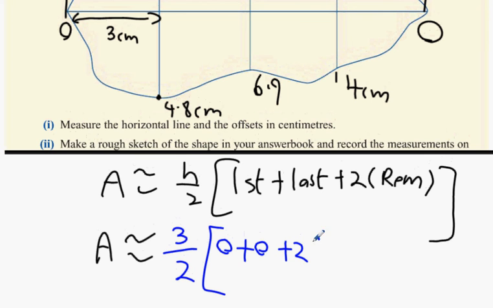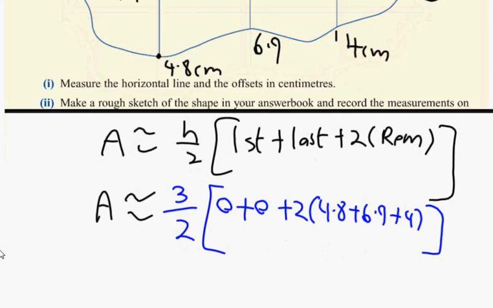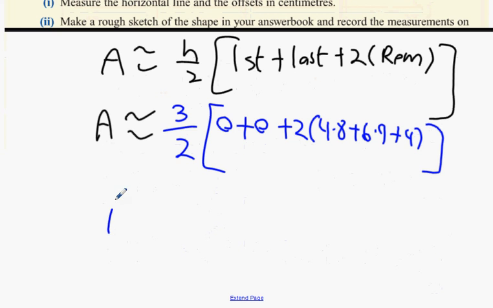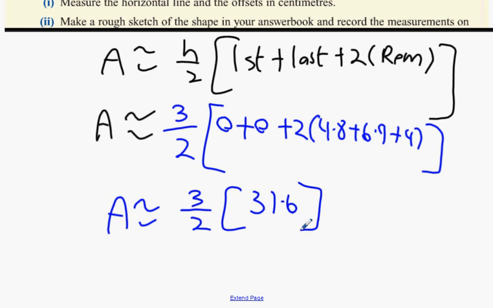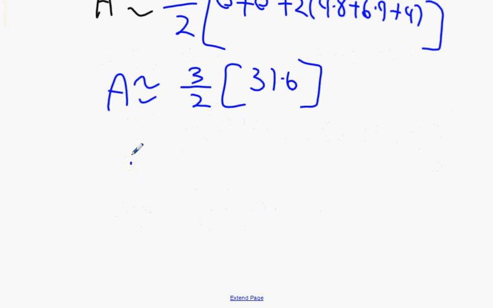You're going to go for your 4.8, your 6.9, and your 4. You're going to close that bracket. You're going to take out the calculator, tell me what it turns out to be. The whole thing, or what's in the bracket? Okay. 3 over 2 times 31.6, and what you get after that? 47.4.